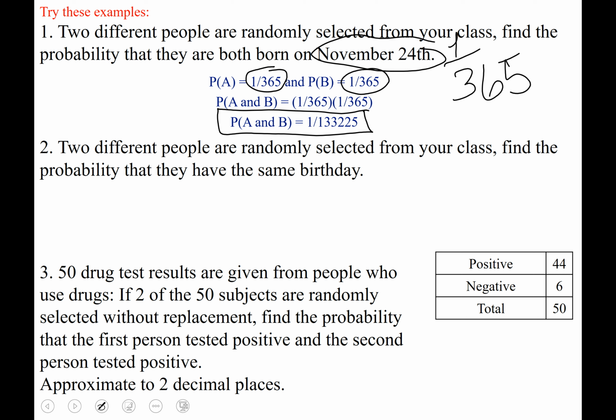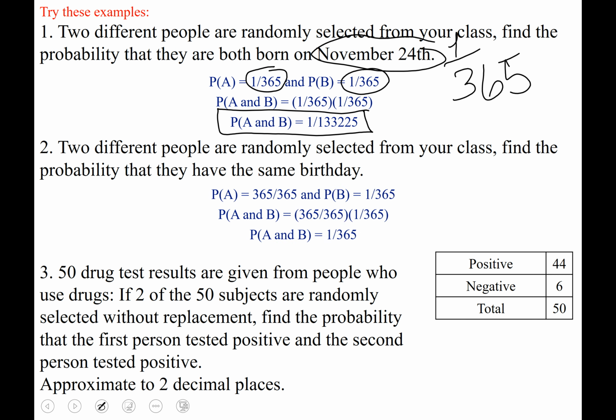Number 2 seems, at first read, like the same problem. I do it the same way. But be very careful. Number 2 is a little different. If you put 1 out of 365, you are correct. Let me walk you through this one and why it's different. There are 365 days in the year, so that's the same. We see our denominators are still 365.